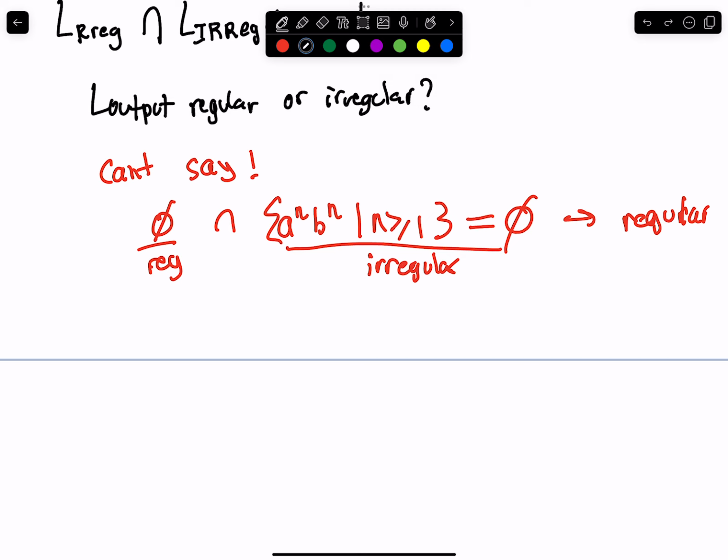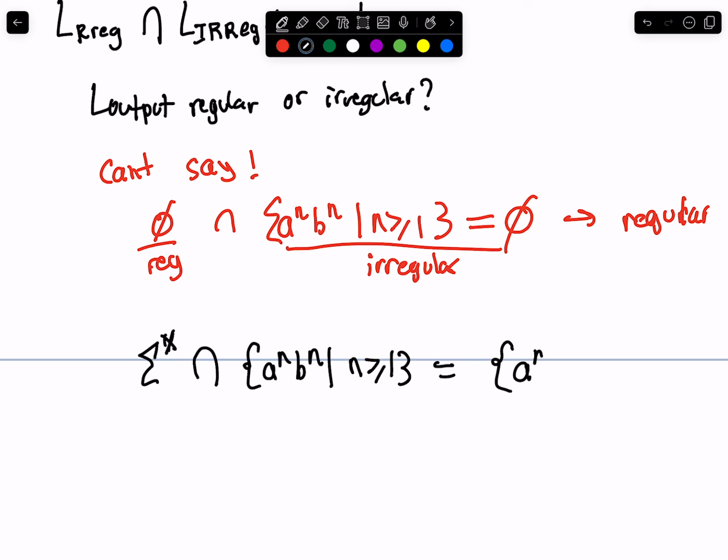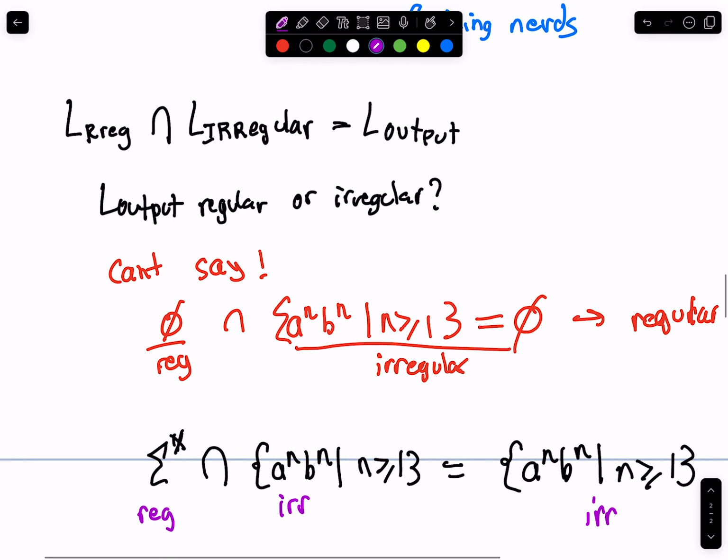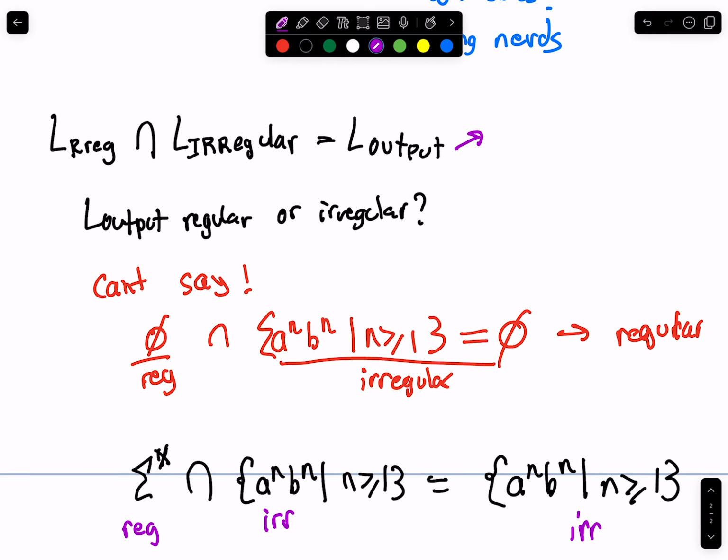For the other case, we take the same one, sigma star, and this will just be the irregular language, a to the n, b to the n, such that n is greater than or equal to 1. Now we have a regular language intersected with an irregular language, and the output is an irregular language. So if you take the intersection of a regular and irregular language, the output can be either regular or irregular.